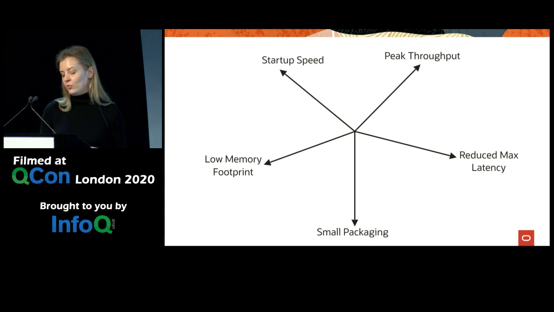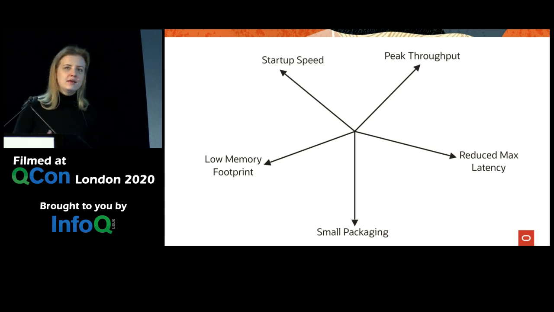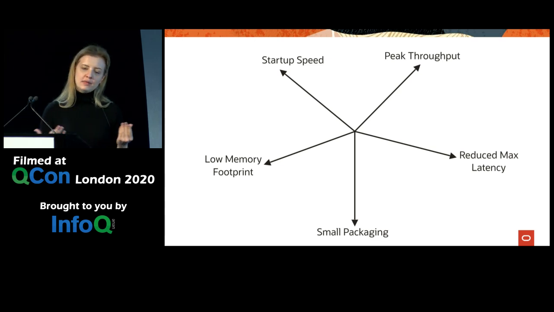And the last one, well, it's less of a priority for server-side deployments, but in some cases, in some devices, you might be looking at small packaging size of your application. And we'll compare later on in this presentation how different modes of operation of GraalVM can help you optimize for either of those metrics.